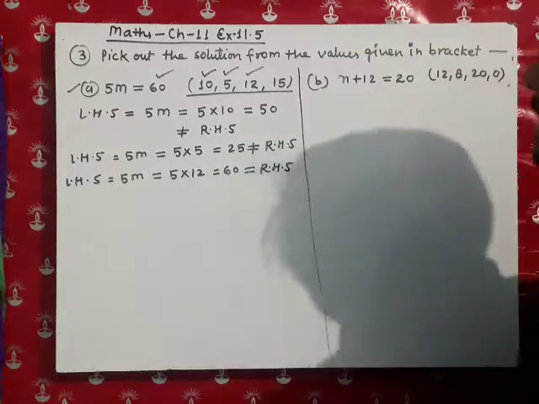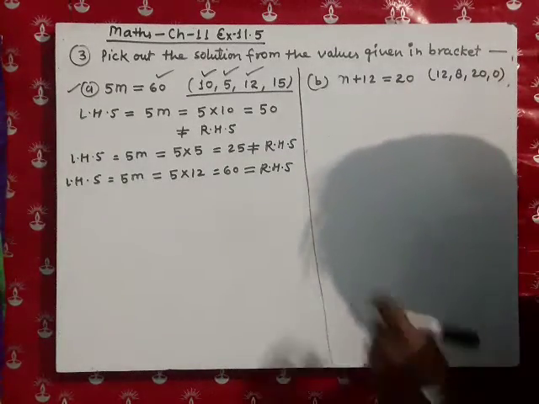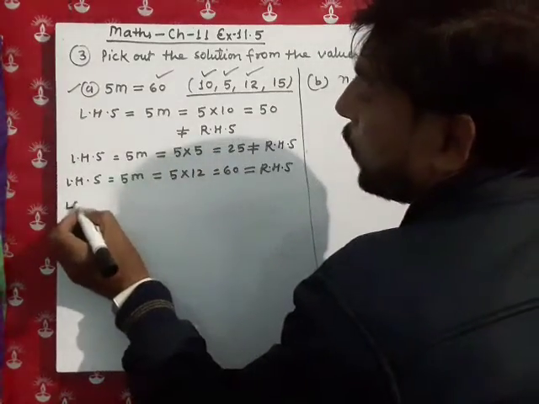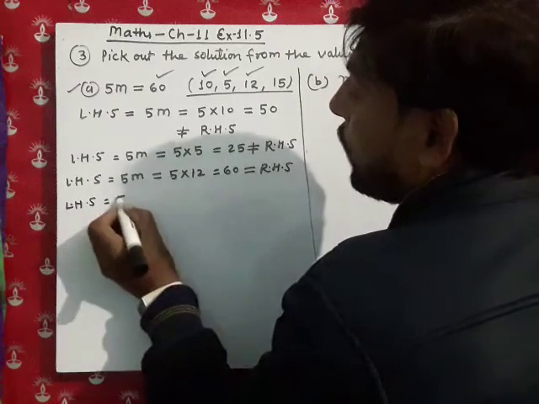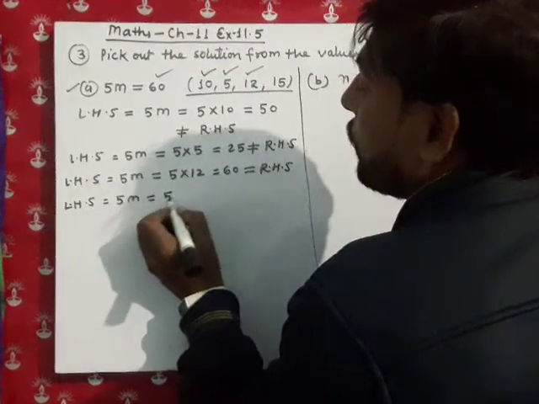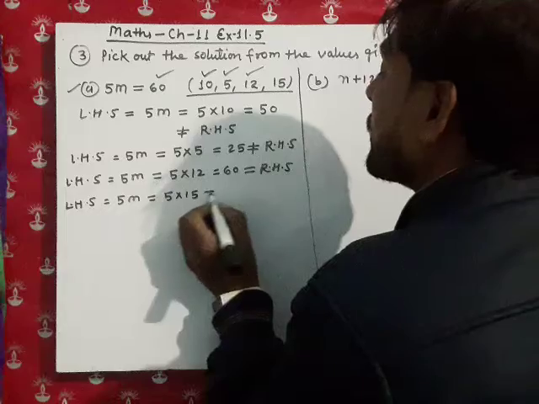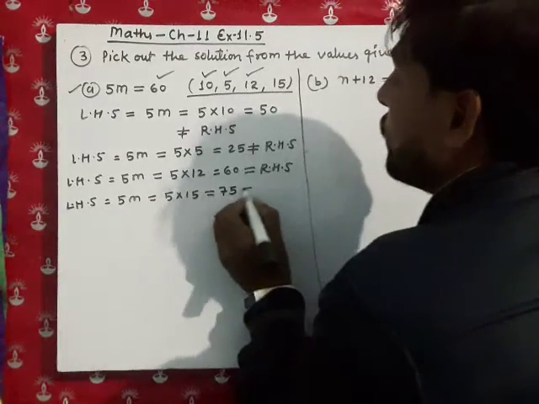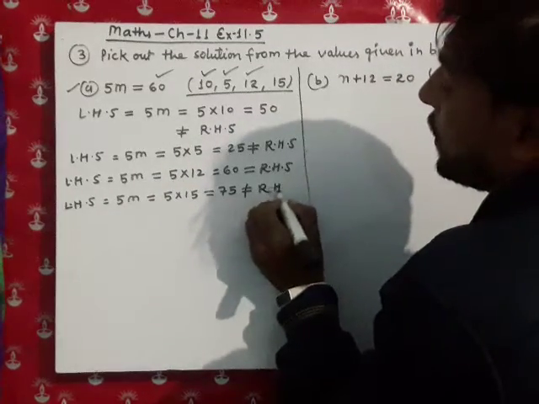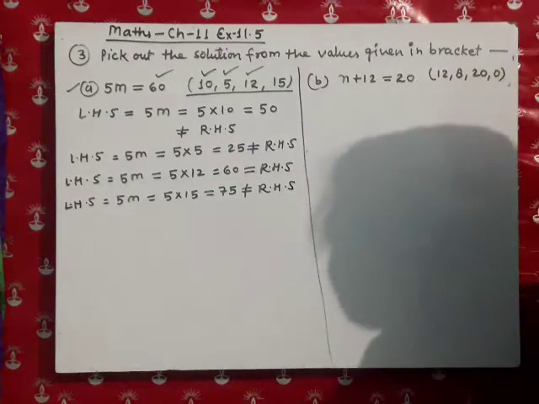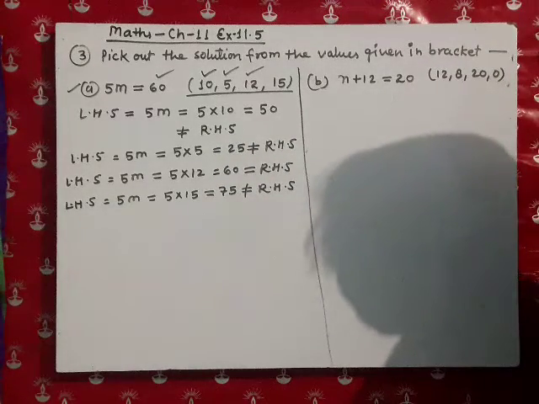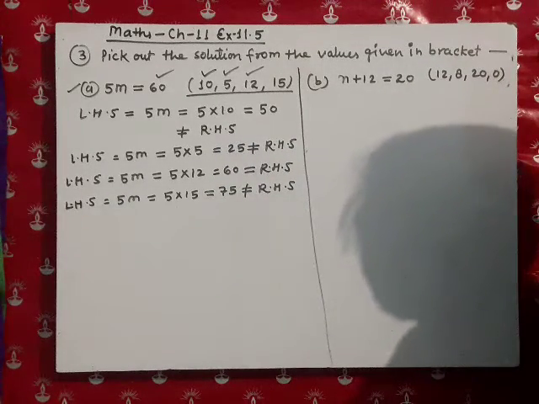Now this is the solution. Now we have to check the last value also. LHS 5m equals 5 into 15, that is 75, which is not equal to the RHS.